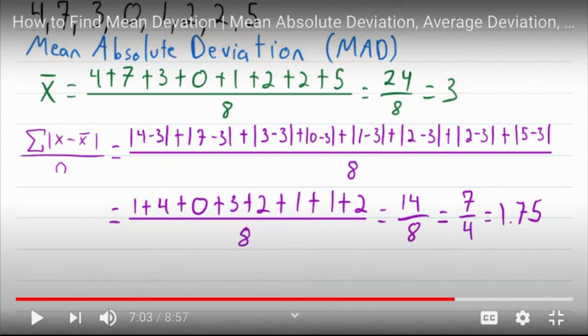Okay, so remember, just like when the graphs were shown, you want your deviation to be small. And then you know that the data is clustered around the mean. Whereas if your deviation is large, you know that it's more spread out.